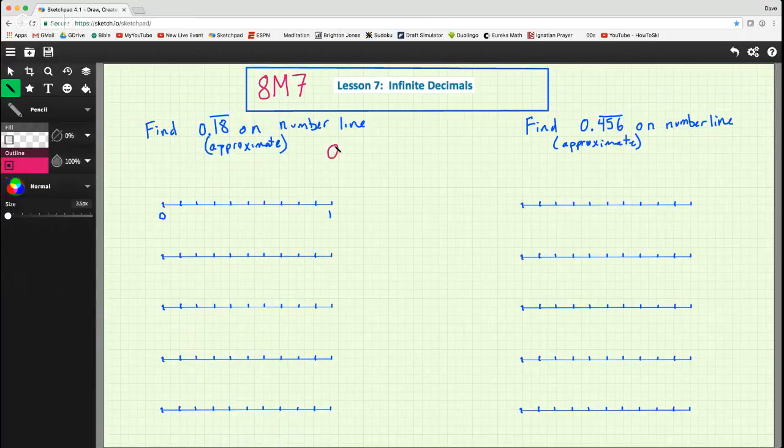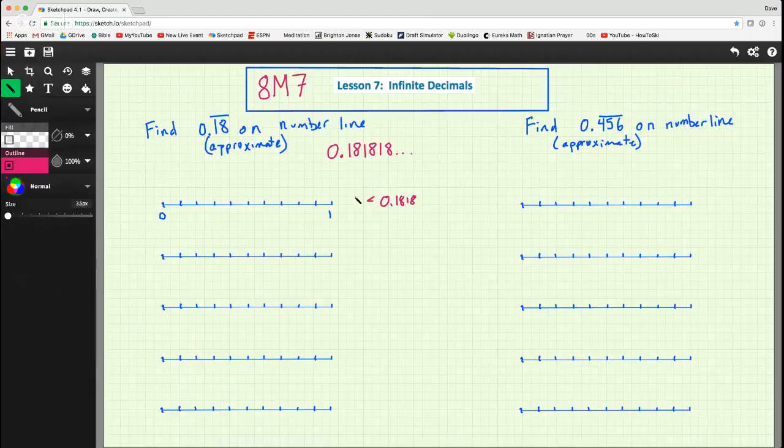So let's do that. So that's 0.18, 18, 18, dot, dot, dot.